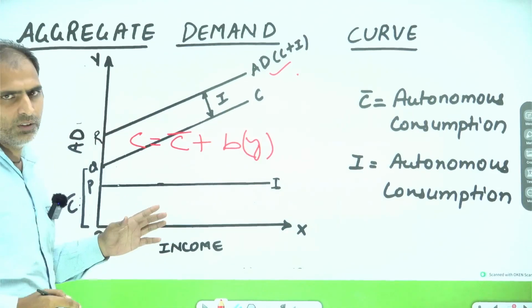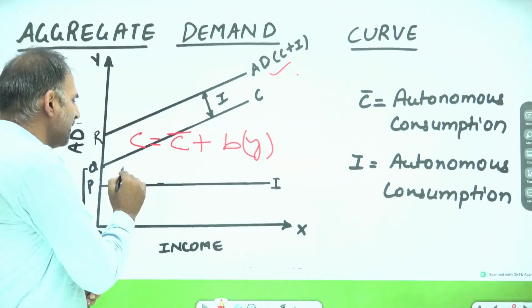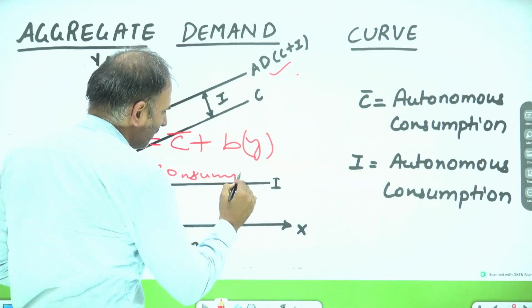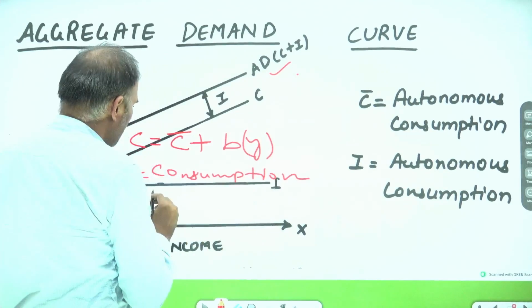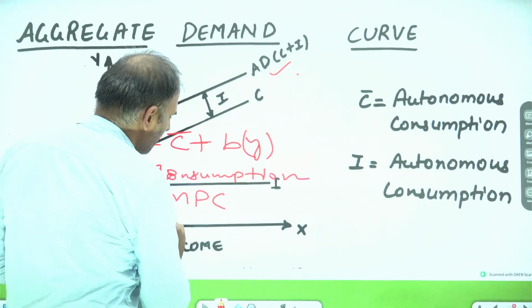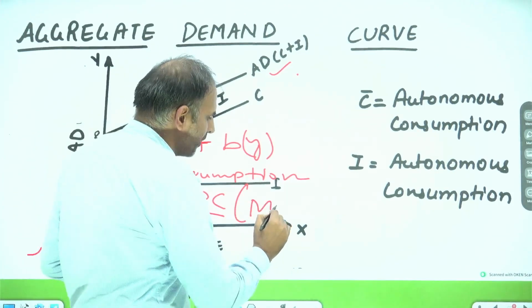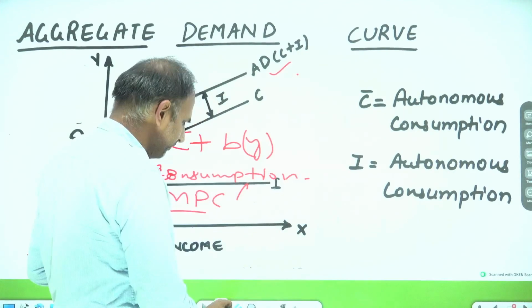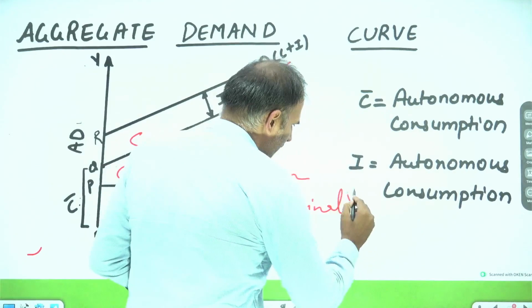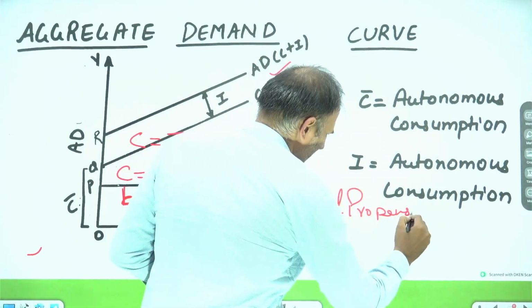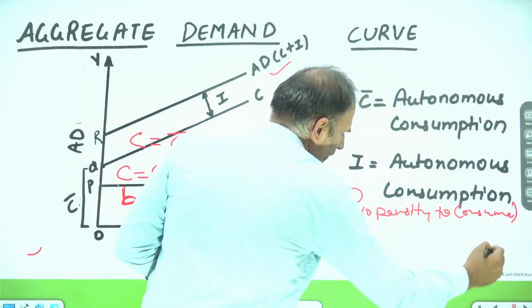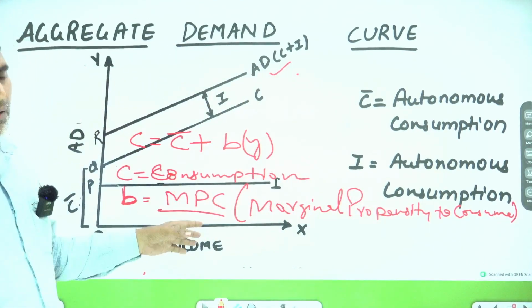Let us see what all these things mean. First, C means consumption. b means MPC. MPC means marginal propensity to consume.